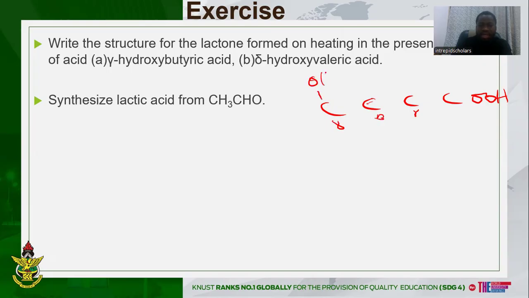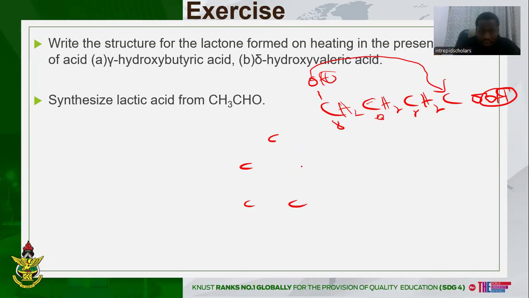That means the OH is here. Now if I'm filling it, this is CH2, CH2, CH2. Now what will happen is that the OH here will go away. The H here will go away. This would directly be bonded to this one. If I'm drawing it now, I would have a 5-membered ring. So let me draw the 5-membered ring. Well, I would have 1, 2, 3, 4, 5.